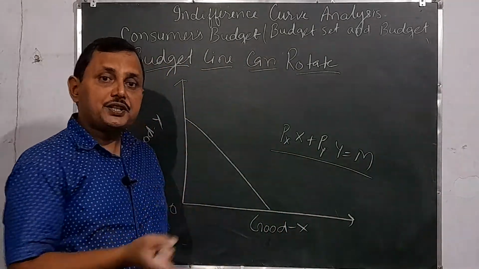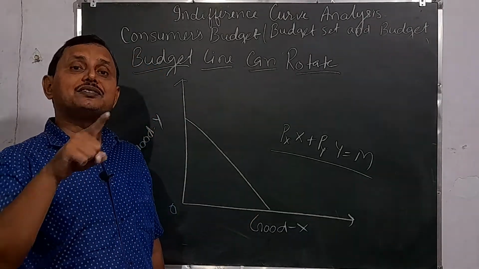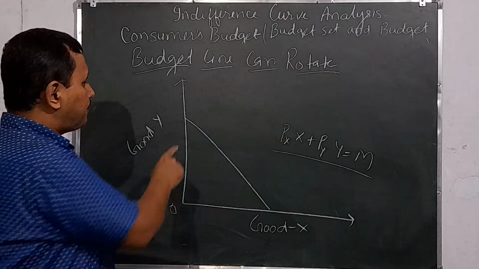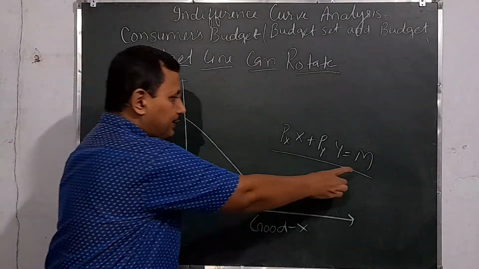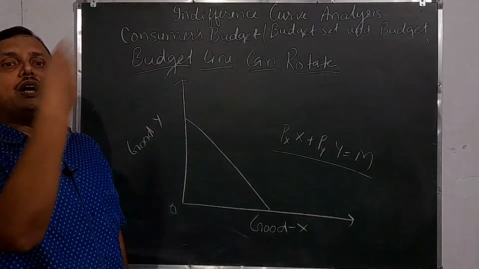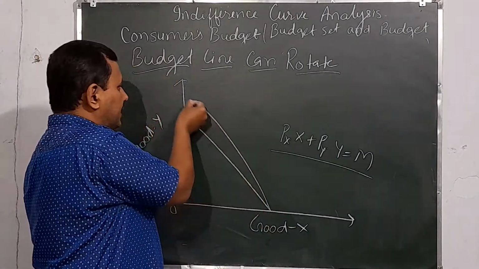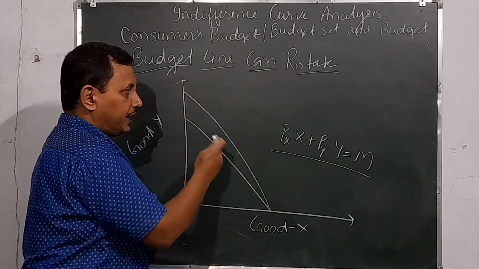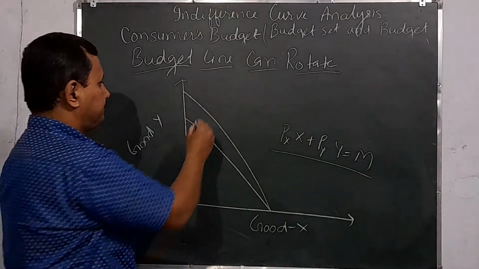So if the consumer is purchasing only good X, there will be no change in the quantity of good X demanded. Whereas if the price of good Y is decreased, in the given budget the consumer can purchase more quantity of good Y. So in that case, again the budget line will rotate, and on the Y axis it will shift forward.